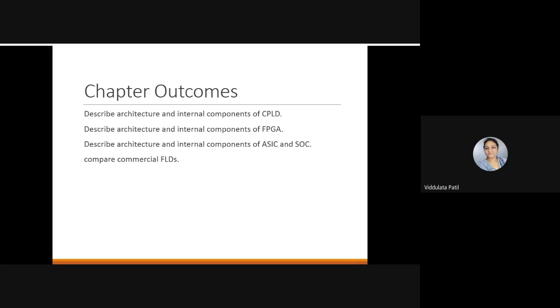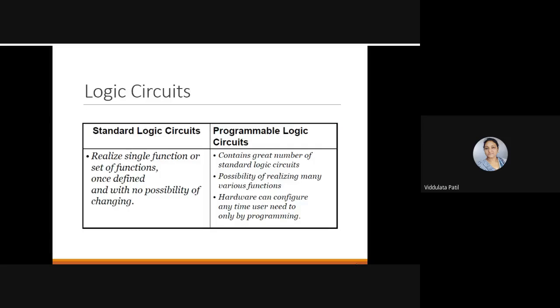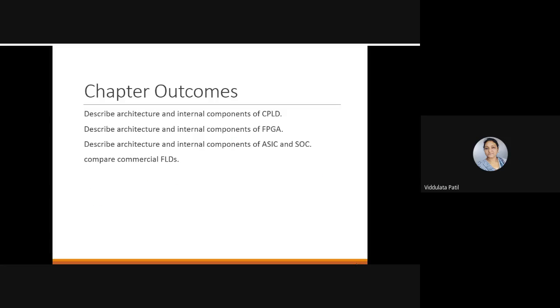So in this unit we are going to discuss different commercially available logic devices. We are going to discuss some CPLDs, then FPGAs, then ASIC, that means application specific ICs, and then system on chip.